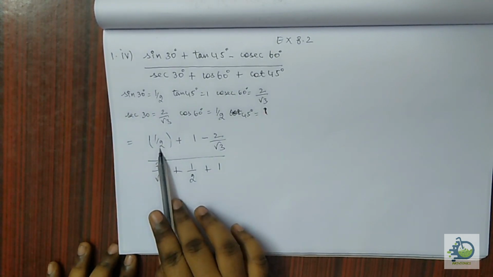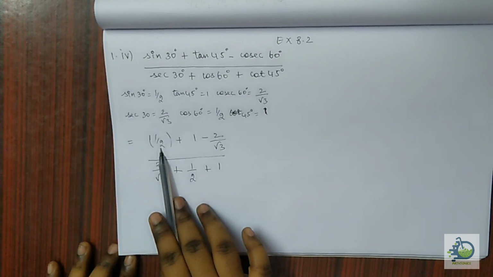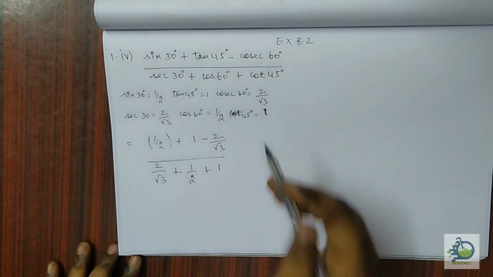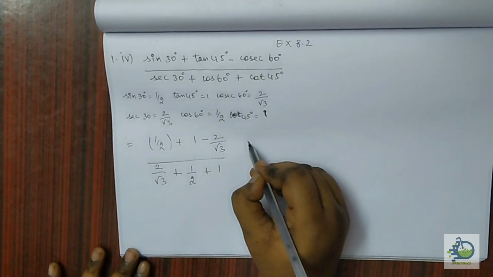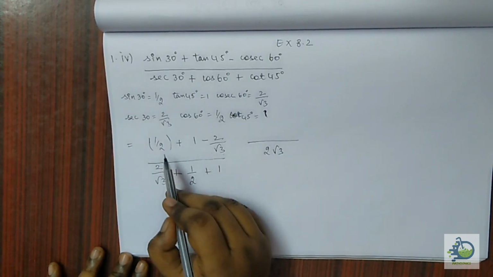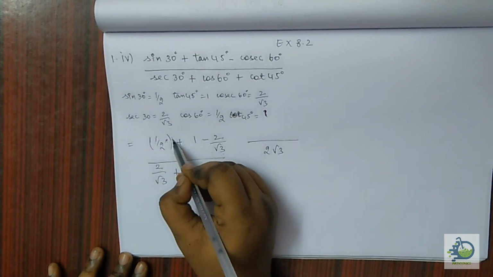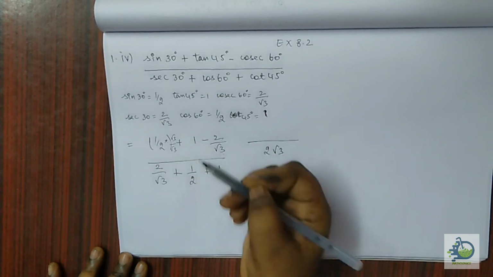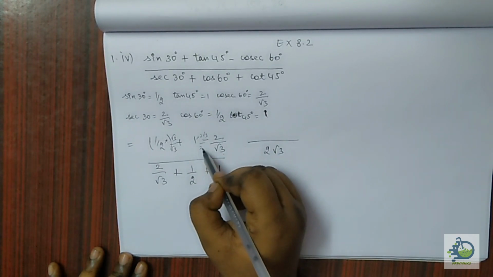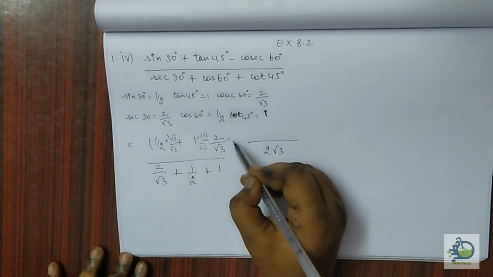Now we have to take LCM for this, for 2 and root 3. So the LCM of 2 and root 3 is 2 root 3. So 2 root 3. Here root 3 is missing. So we have to multiply and divide by root 3. Here 2 is missing.